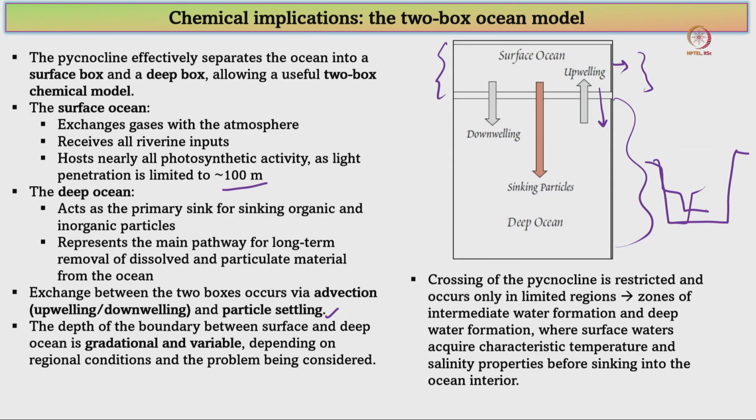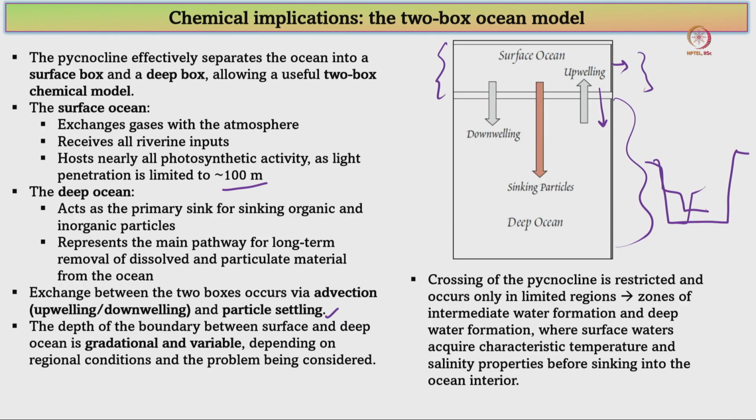In the shelf area, the topography is again very different. Due to this, vertical mixing is different, and the formation of different kinds of sediments and where they are settling is also different, and all these affect the chemical composition.